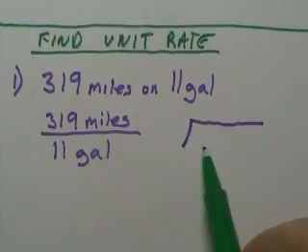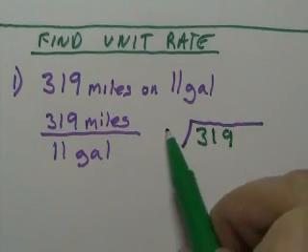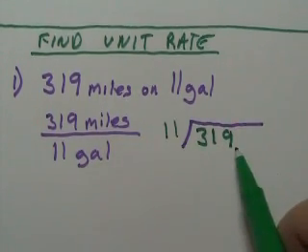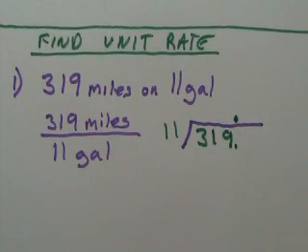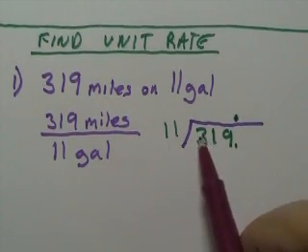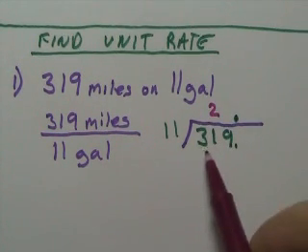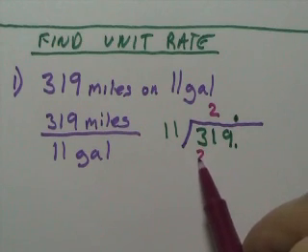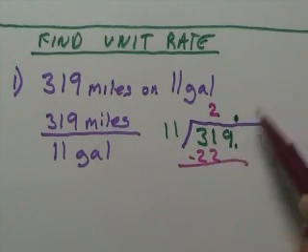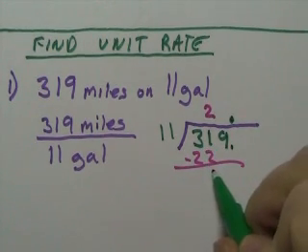So in dividing, the top number goes in the box. The other number's on the outside, and the decimal is right there, so I'll bring the decimal straight up. Let's see, 11 goes into 31 twice. So that makes it 22. And if I subtract, that leaves me with 9.